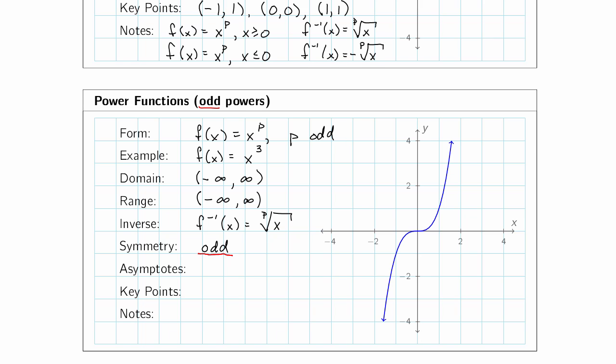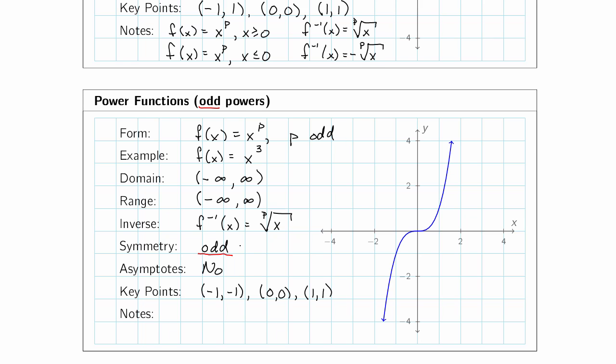We call them odd because they're nice in the way that odd power functions are. Odd power functions, positive powers still have no asymptotes. And when we go to graph one, we'll use the key points -1, -1, 0, 0, and 1, 1.